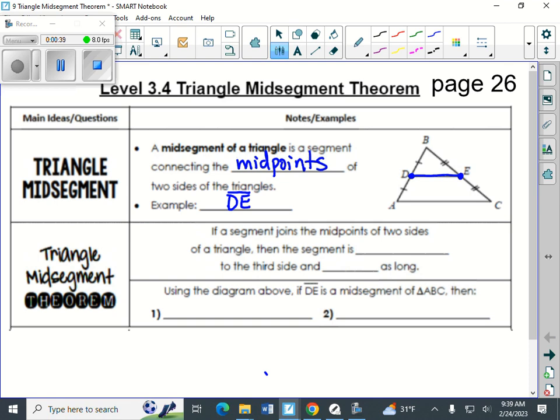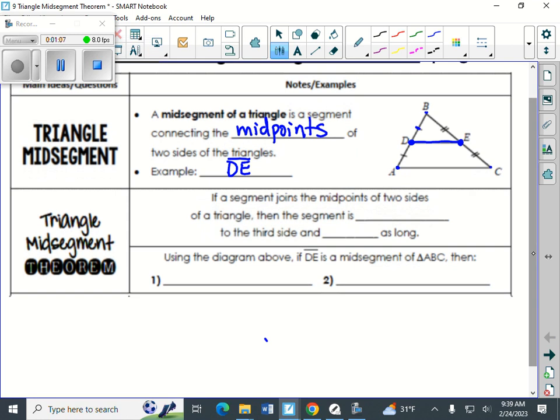So as you can take a look here, since these are midpoints, BD and AD have the same length, and BE and CE also have the same length. That's a little bit helpful down here when we look at the actual triangle midsegment theorem.